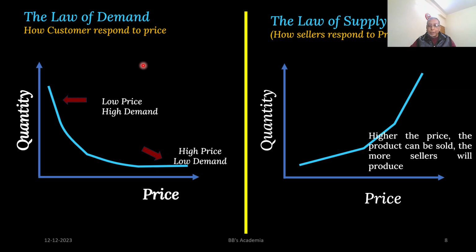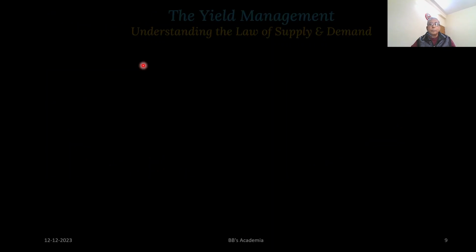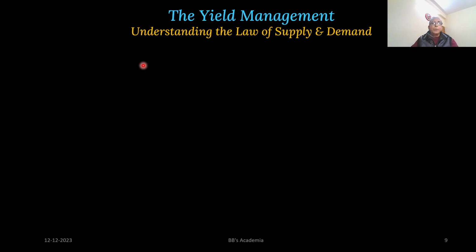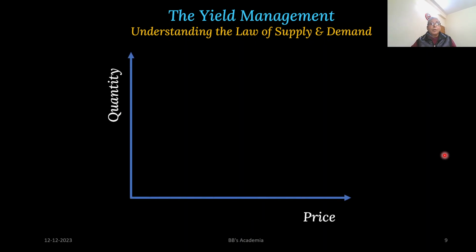Now you want to conjugate these two. The yield management, understanding the law of supply and demand. Let us see what is the situation. Here also, on the same axis, that is price on the x-axis and quantity on the y-axis.